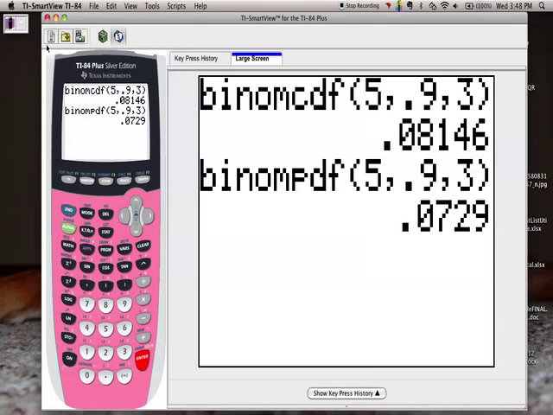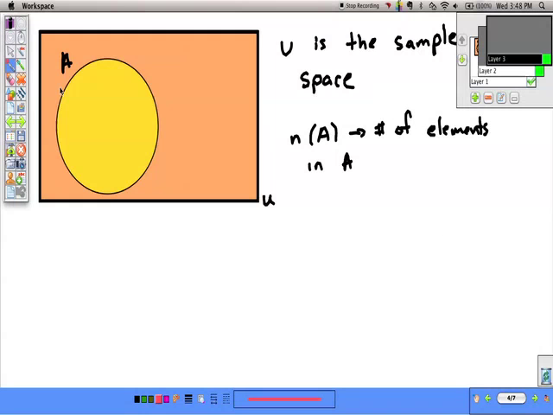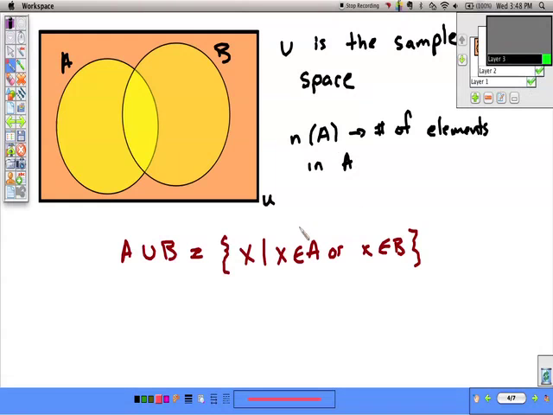A useful tool right here, but it is important to know how to do this without the aid of your graphing calculator. A box representing the entire sample space, U, and we have a circle representing A, event A. If we say n parentheses A, we're referring to the number of elements in A. If I throw in group B, A union B is defined as being the set of all x's where x is an element of A or x is an element of B. So A union B is everything up here.